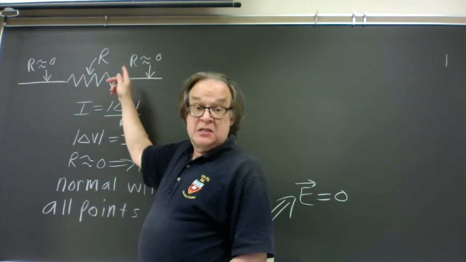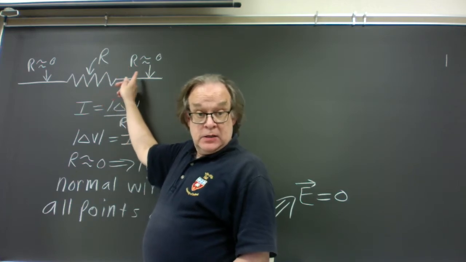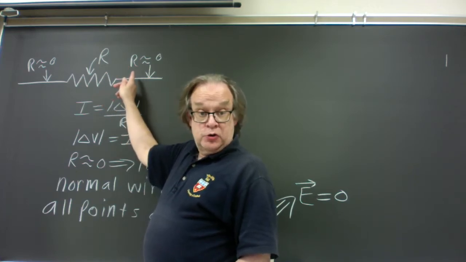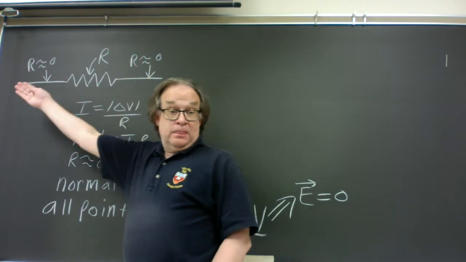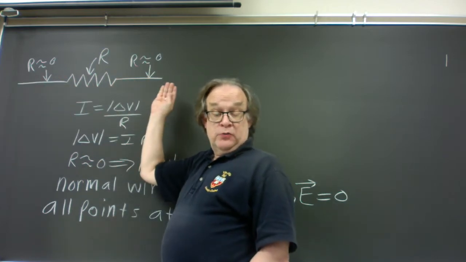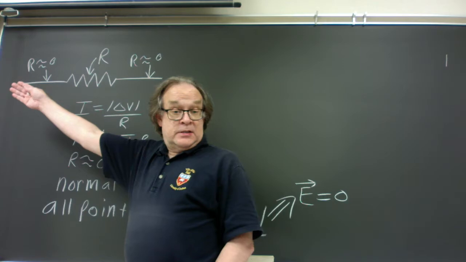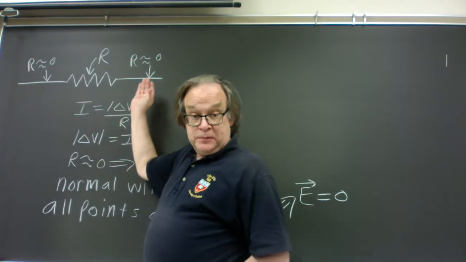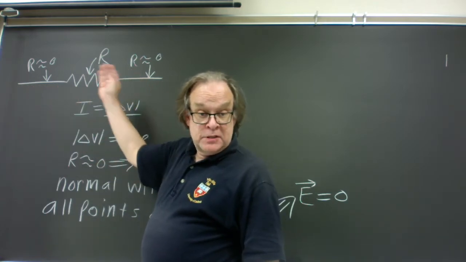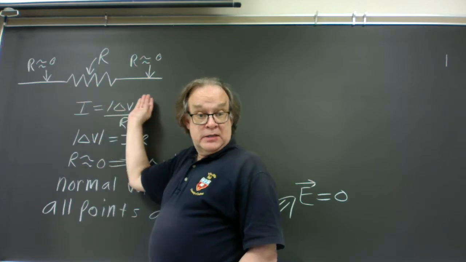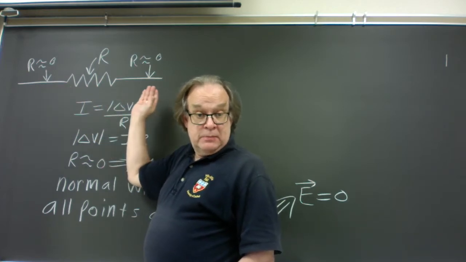Remember where resistance comes from. This is the result of the drag force on the charged particles as they try to flow through here, and they see lots of obstructions in their way, the atoms and ions that are inside the metal.